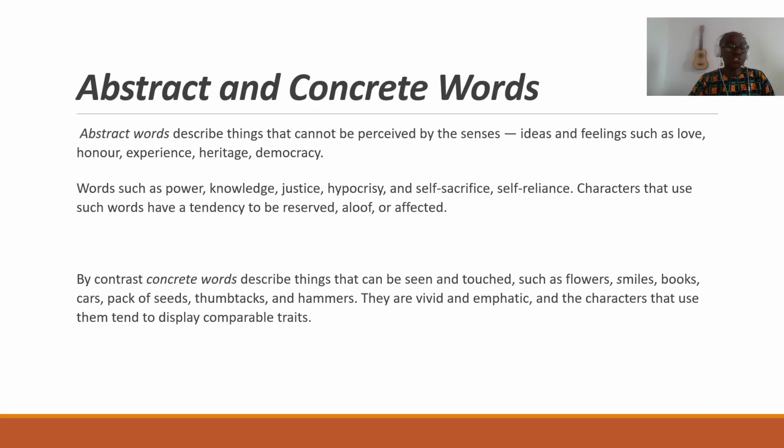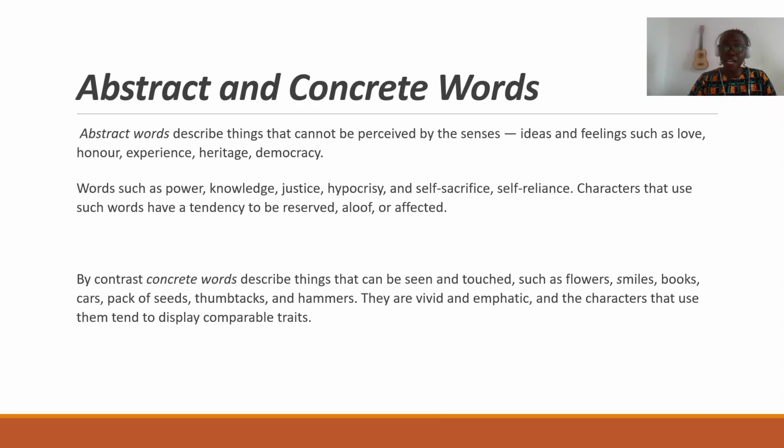And then by contrast, concrete words are things that can be felt, touched, seen, heard, like flowers, smiles, books, car, a pack of seeds, like Willie Loman goes to buy, thumbtacks, hammers.